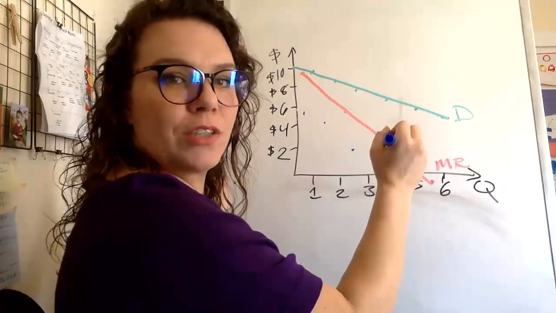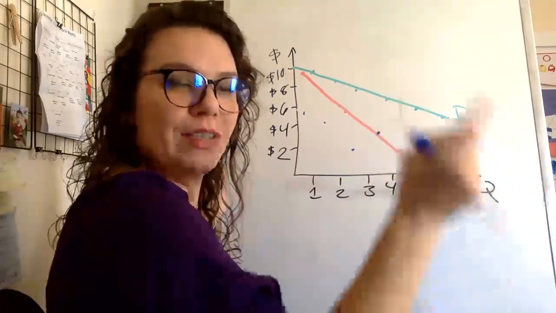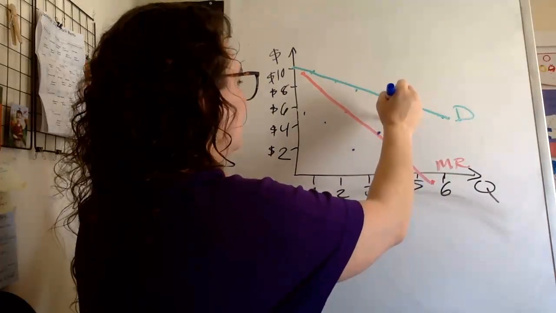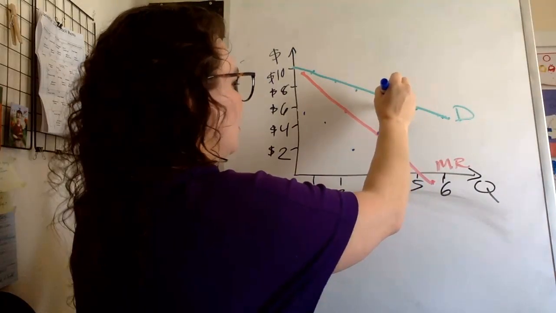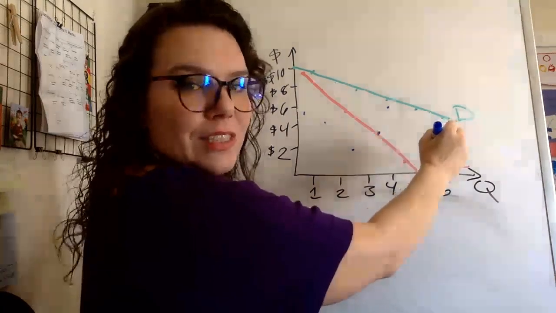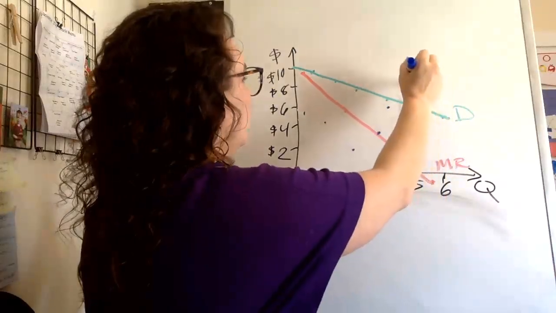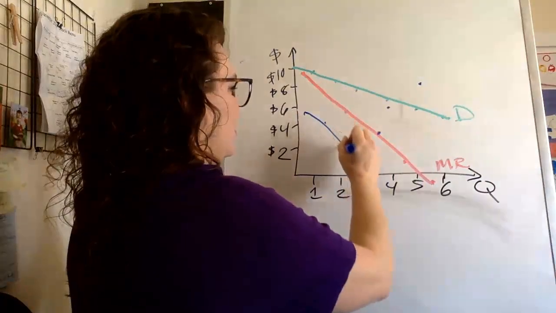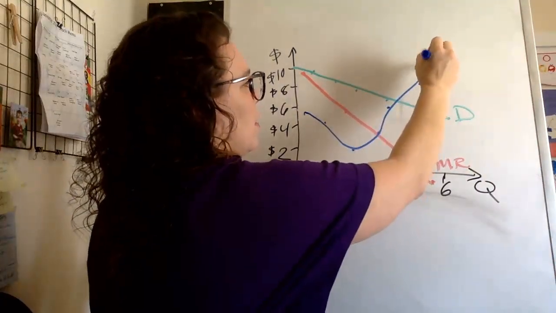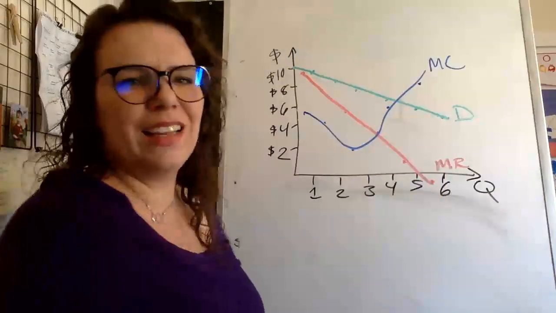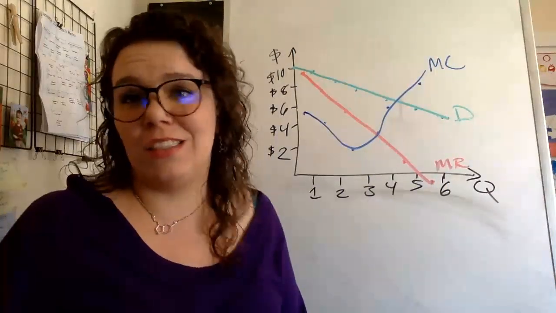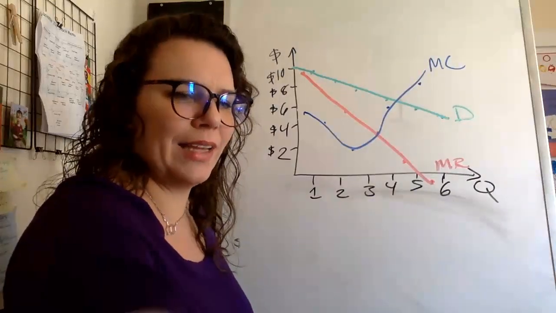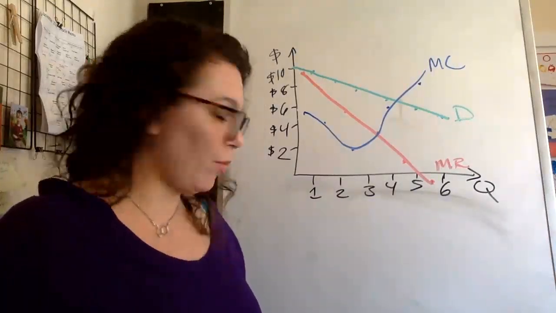And then marginal cost goes from, when we go from 4 units to 5 units, it's going to go from $3 to $5. Back up to here. And then from 5 units to 6 units, it's going to go from 5 to 7. So it's going to kind of give us that U shape. A little bit wobbly. That's okay if your graph's a little wobbly. These numbers don't behave as cleanly as we might like. But we get our equilibrium.